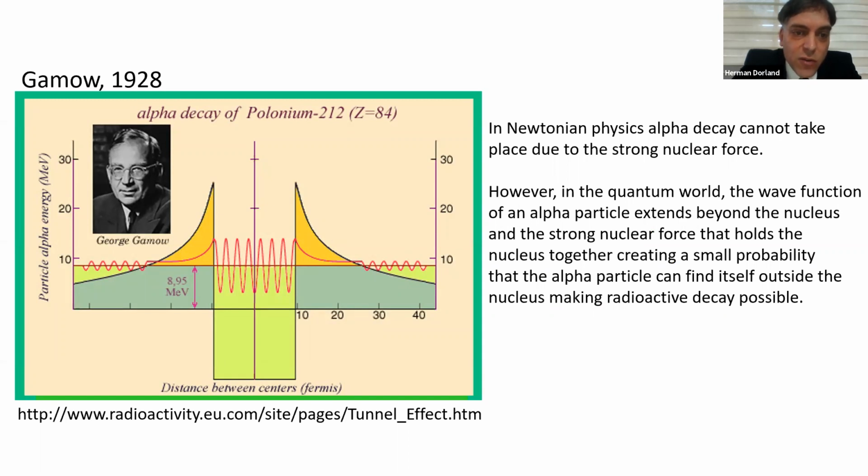The nuclear force would be too strong to escape. But because of the particle-wave duality of particles, the wave function of the alpha particle exists outside of the influence of the strong nuclear force. So it's possible for the particle to be outside of the nucleus, and that's why radioactive decay takes place, is Gamow.